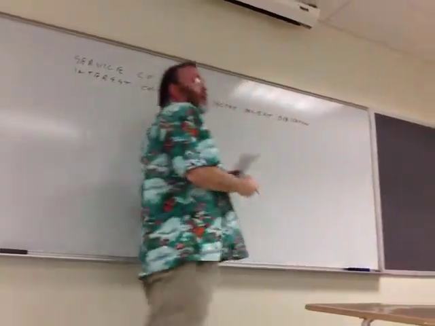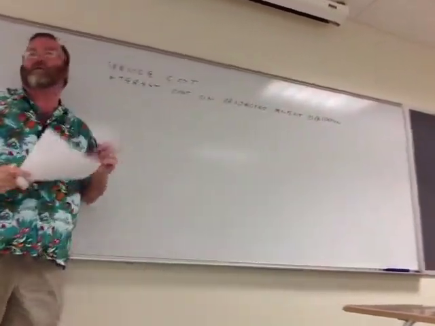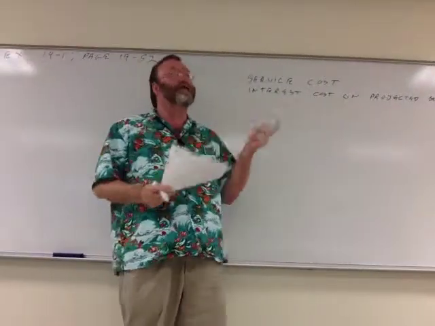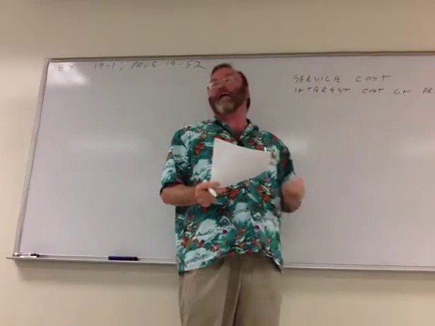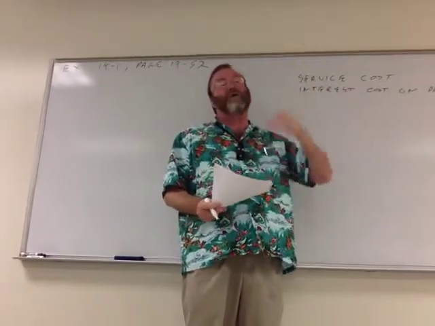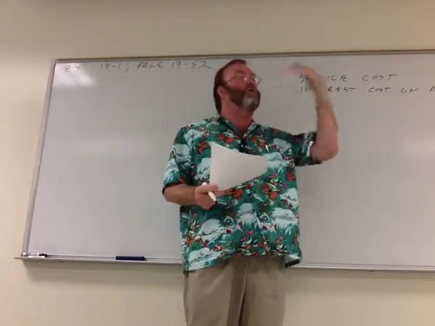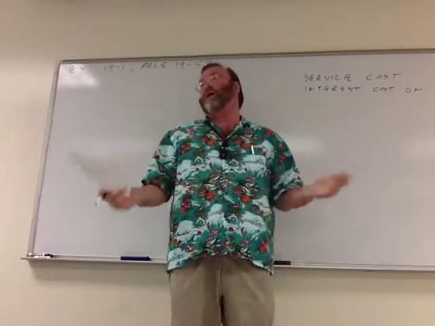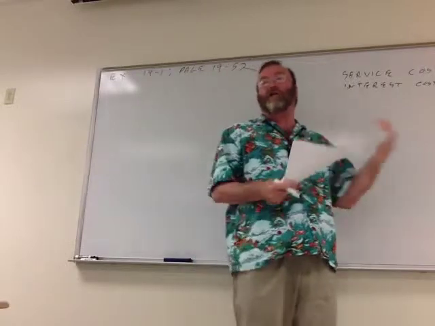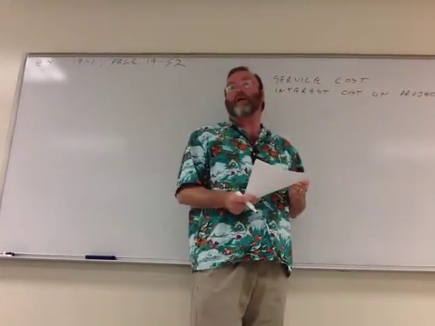Like I said last Wednesday when I introduced this, the projected benefit obligation is the present value of all the future retirement benefit payments that you're going to be giving the employees that are eligible for this particular pension plan. All right?